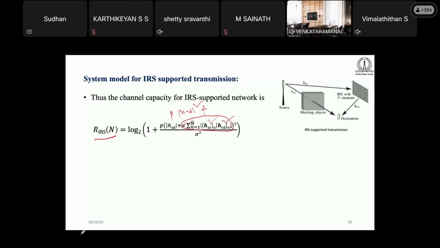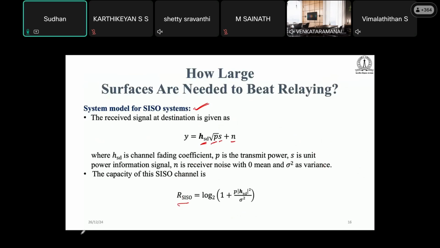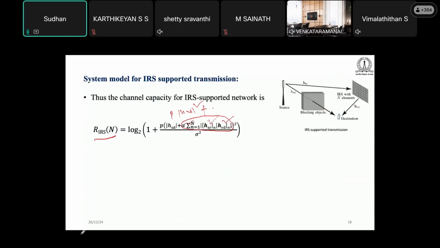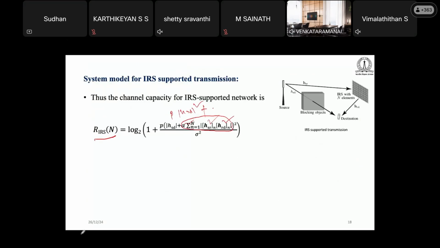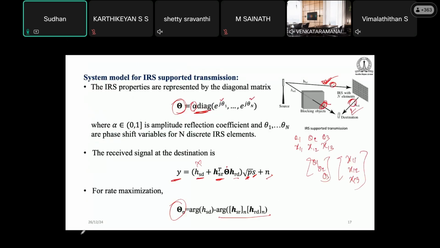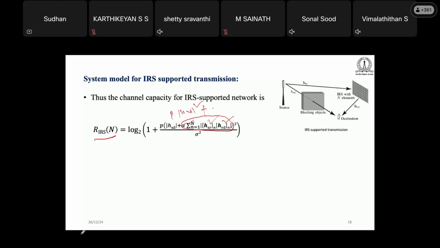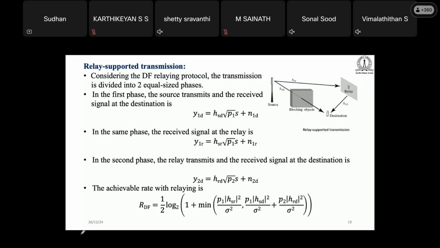So if you add something positive to a number, the SNR is still larger than the previous one. You can see this is only this term, but here we get extra positive terms. If we substitute those values here, we get this, and that indicates that IRS has more channel capacity than the single carrier system.